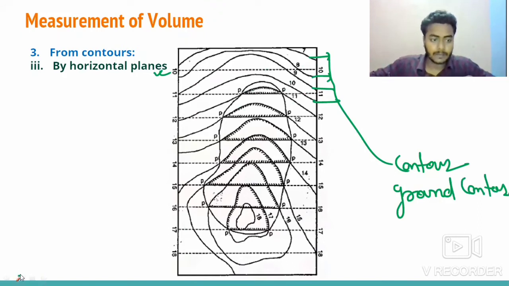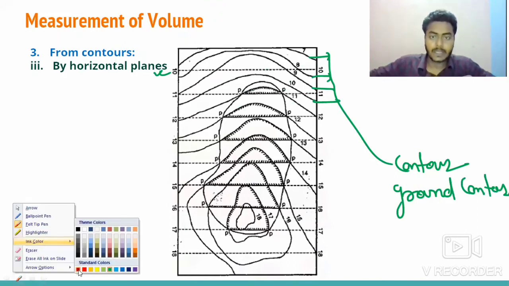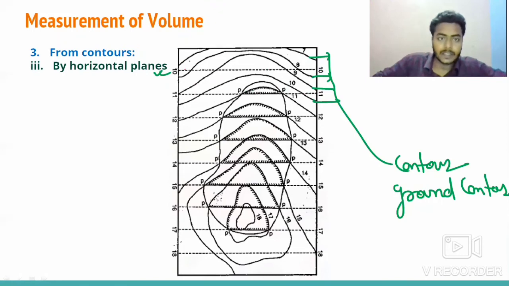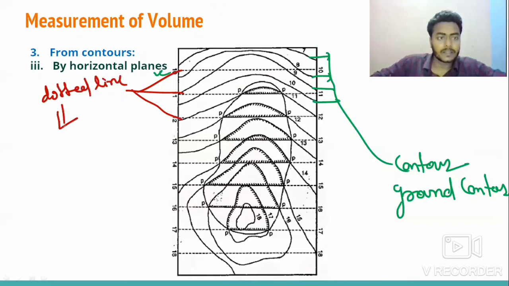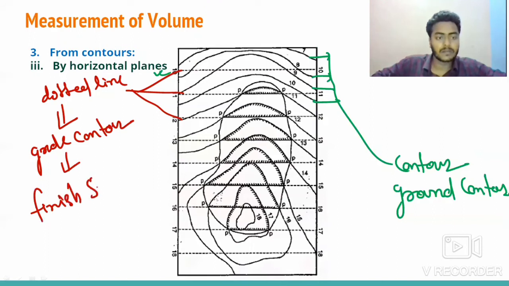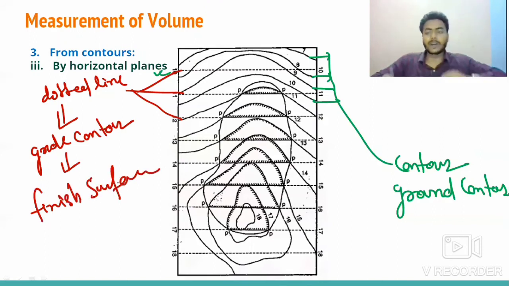And this dotted line is the grade contour, or finished surface. What surfaces, what gradient of surfaces we want.